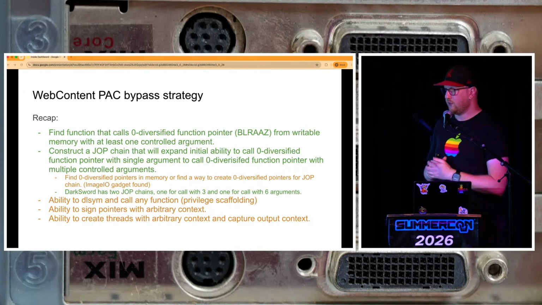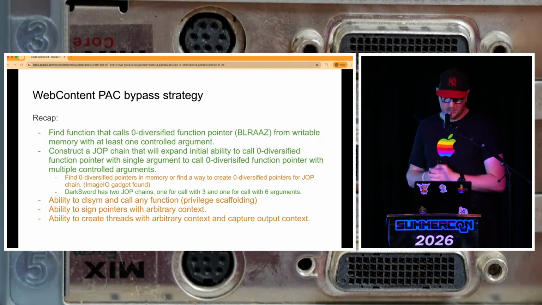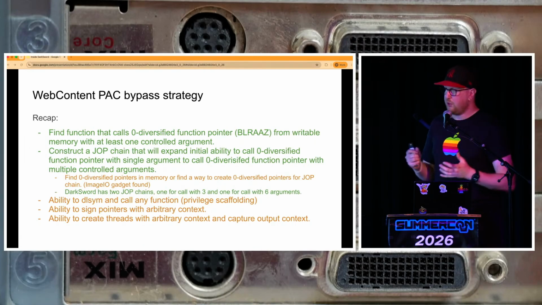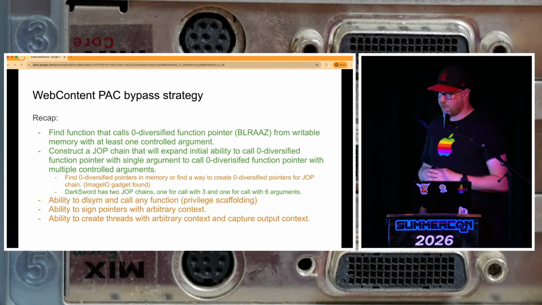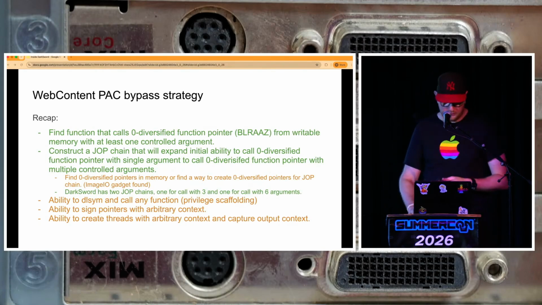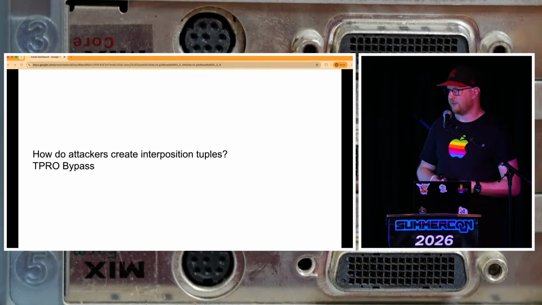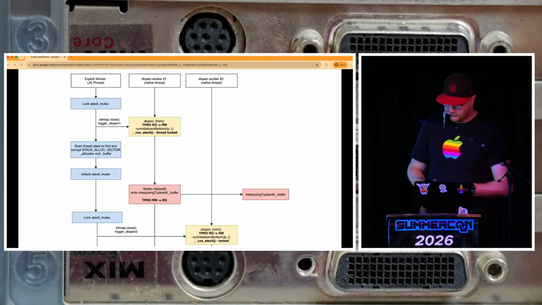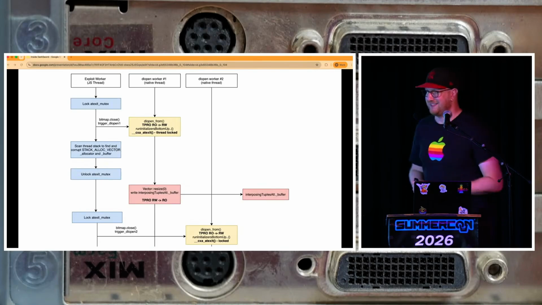And we also found a gadget in order to create zero diversified pointers with our image.io gadget. Now, the only problem that we still have is that we need a way to actually write to these interposition tables. And this is where the TPRO bypass comes into play. Okay, this is going to be a little bit more complicated.